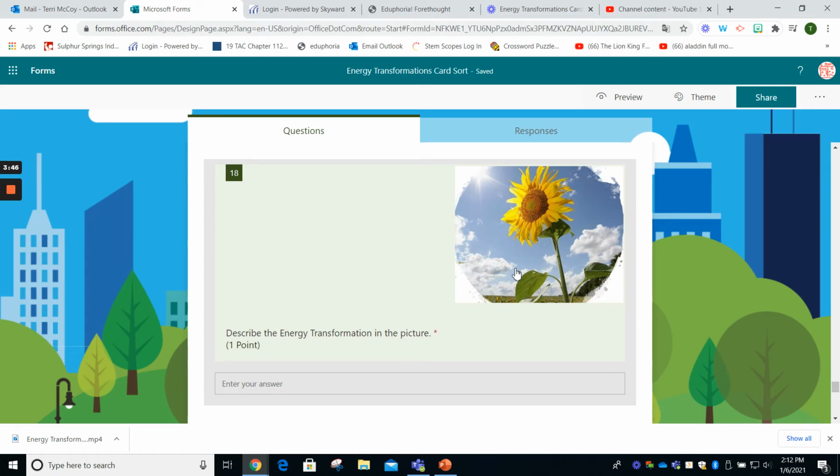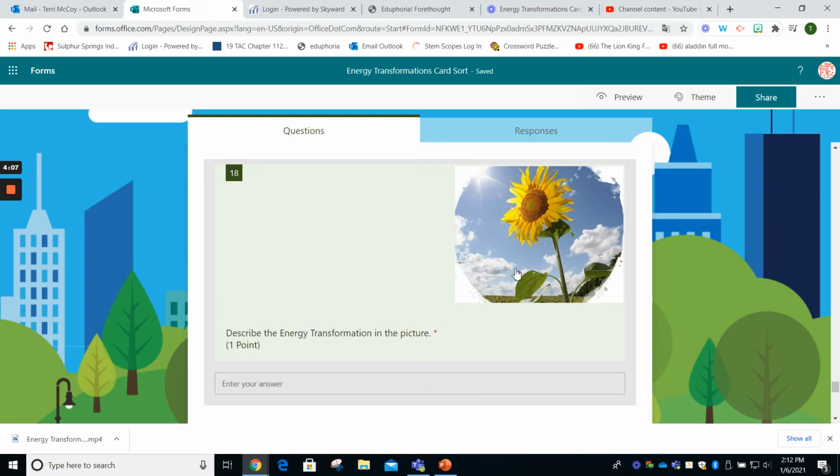They do a chemical transformation there. They turn that sunlight into energy that the plants need to grow. So plants are awesome because they start with light energy from the sun. That's where they get their energy from. They turn that sunlight into chemical energy that the plants need to grow.